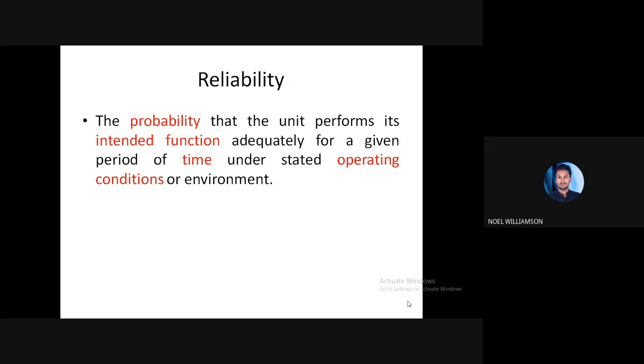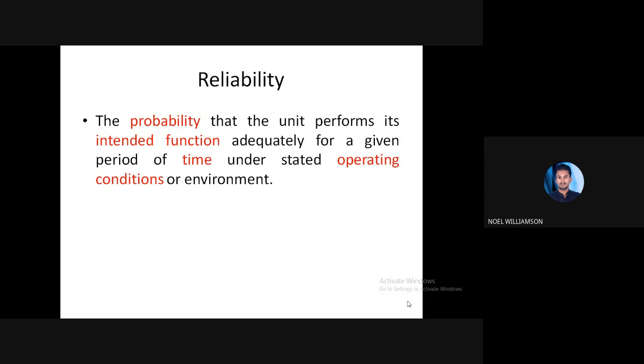Suppose you are using the car just for the highway, under good operating condition, it should work properly for 10 years. Then what is the probability that it will function? Its intended function is that we should be able to drive the car properly.